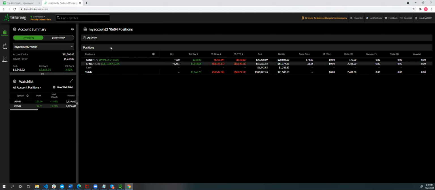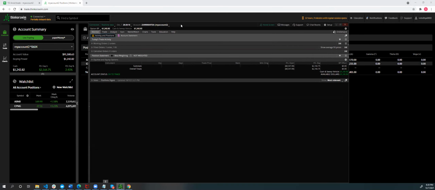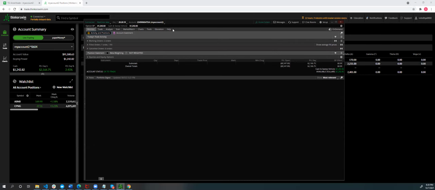You can either do it from the web, or I recommend you download their standalone app, and you can run it and trade from there. They have nice graphs. If you're used to seeing nice graphs with the options, you can actually get a lot more data.